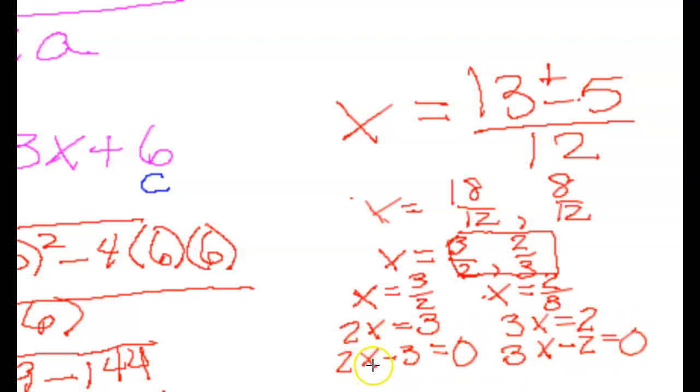When I put this into graphable form or equation form, I have 2x minus 3 and 3x minus 2 equal to y. And now I know what my zeros are right there, or my factors were, and it all came from what I started with.